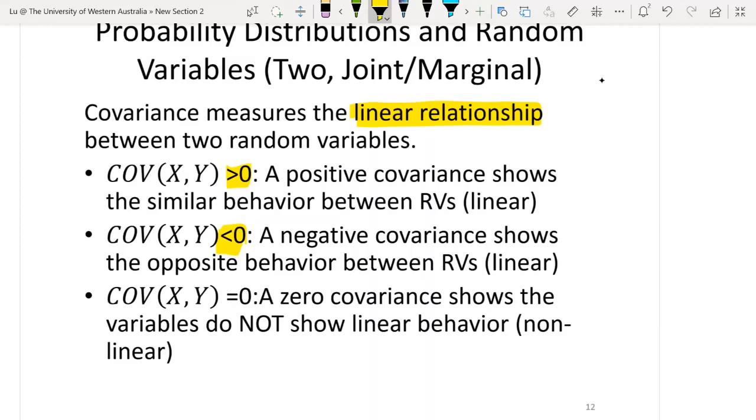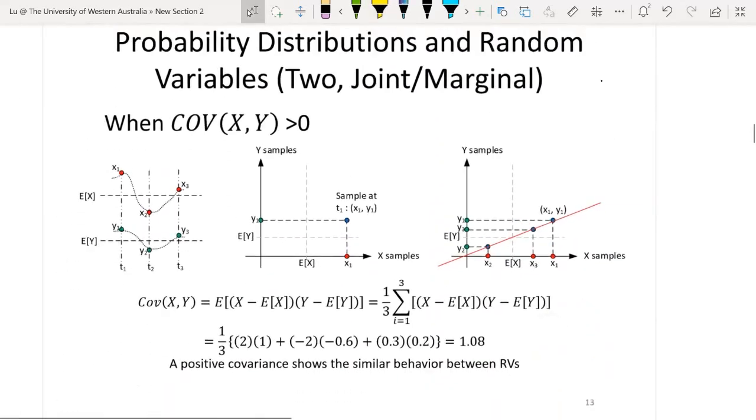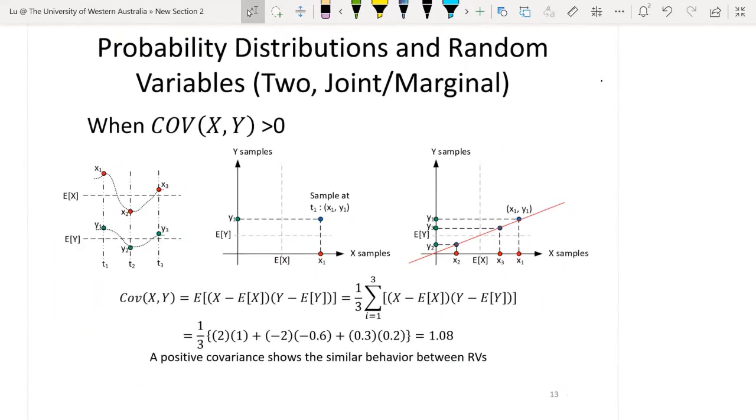By the end, if the covariance value is equal to 0, that means these two random variables do not have a linear relationship between each other. Let's have a look at the example to see how to understand that. In this case, we have two random variables, x and y. Similar to the graph we've shown before, these two random variables' mean values are given here, so EX and EY.